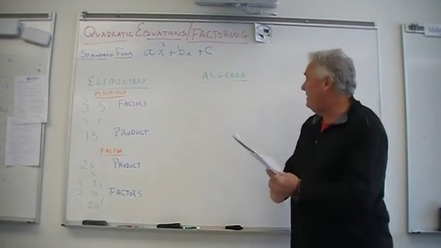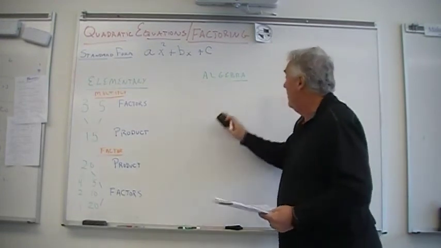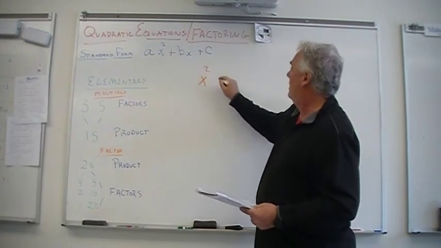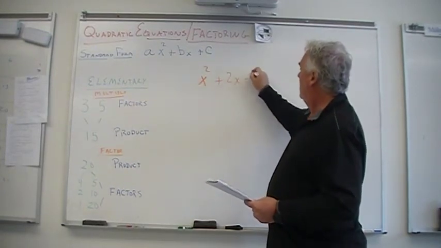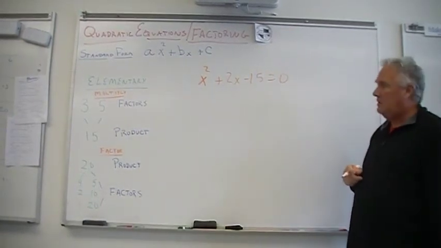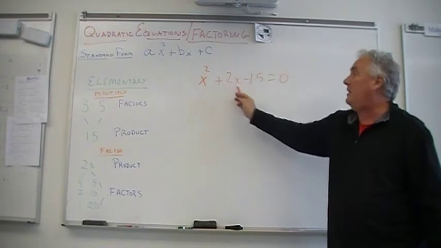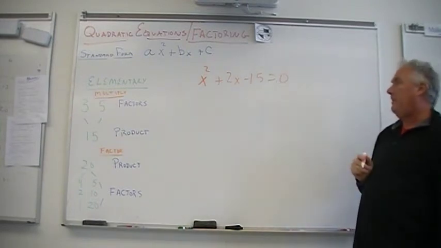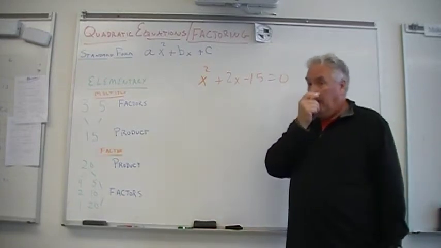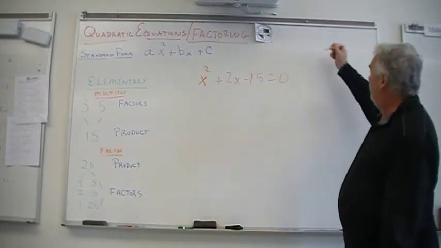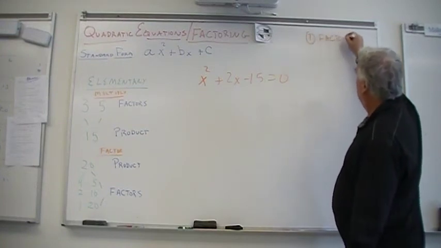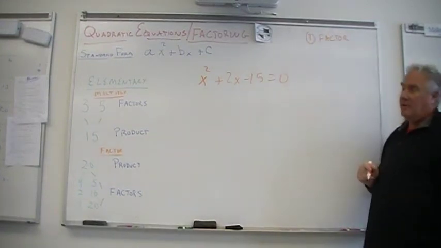Now, what happens if we have this, and I want to solve for x when this equals 0. I want to know what x equals. What we have to do is a 3-step process. One is factor. So we have to factor this.